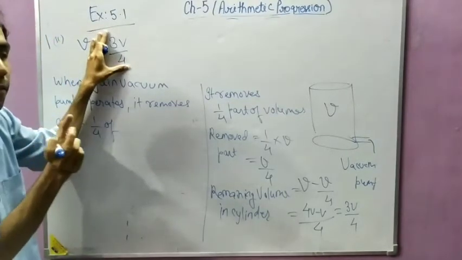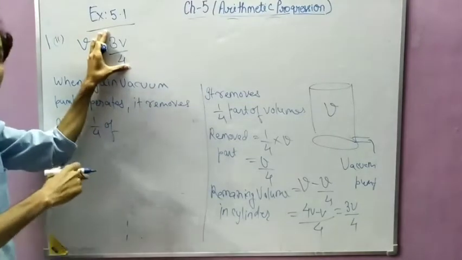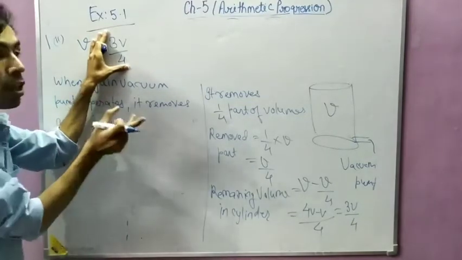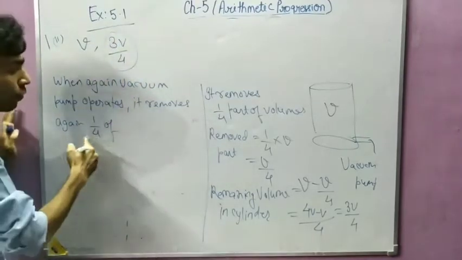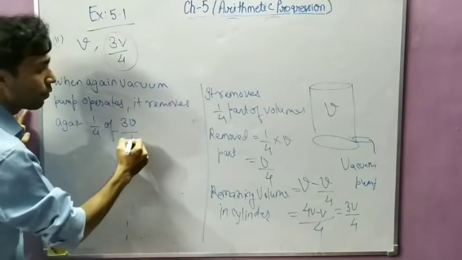Now when this vacuum pump operates, it will remove 1/4 part of the remaining volume, and the remaining volume is 3/4, so 1/4 of 3V/4.